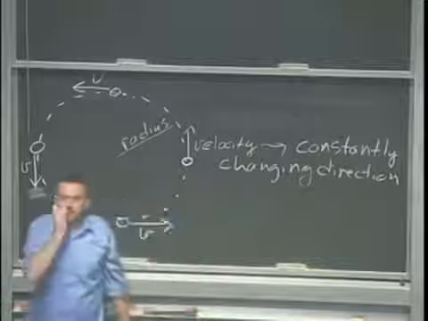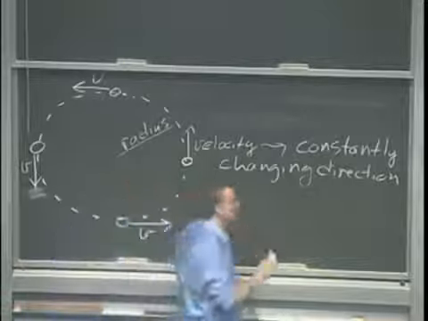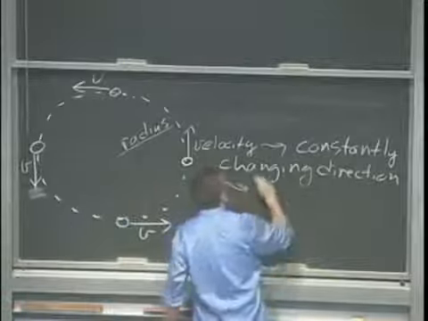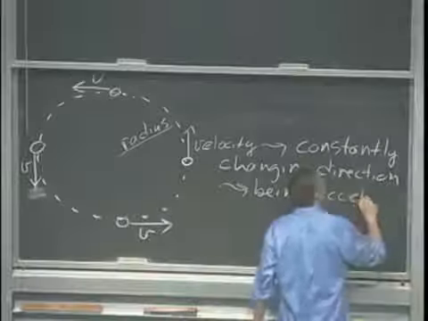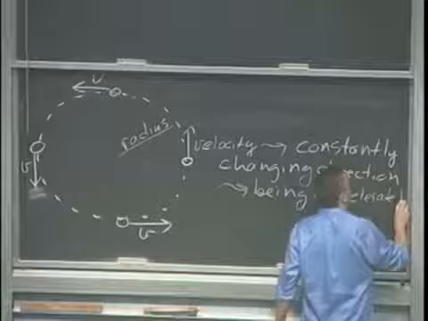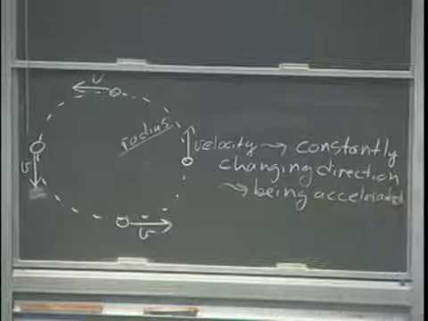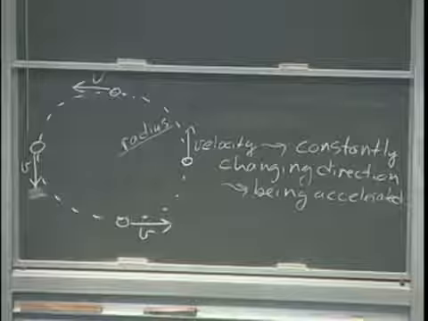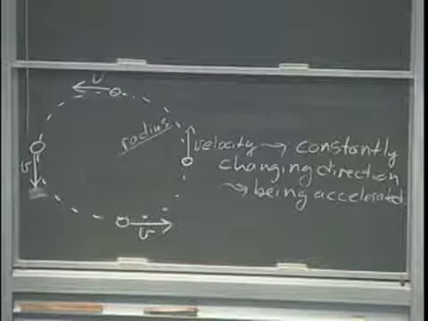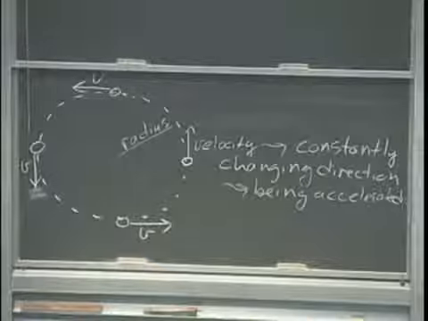It's not changing magnitude, but it is constantly changing direction, which means that it's being accelerated. The fact that it's being accelerated means there must be a force acting on it that is moving it in that circle.